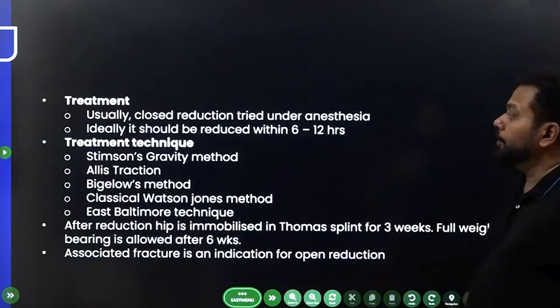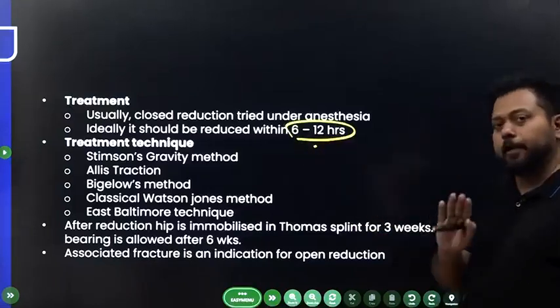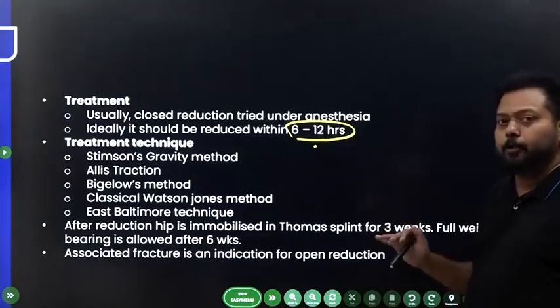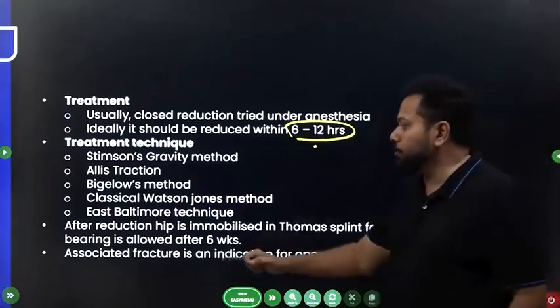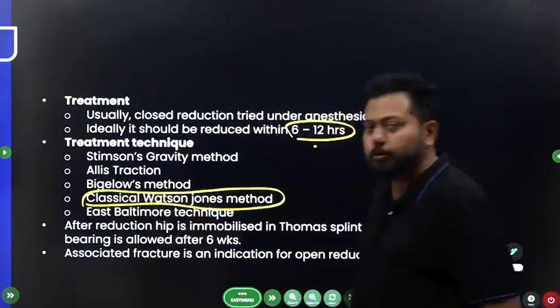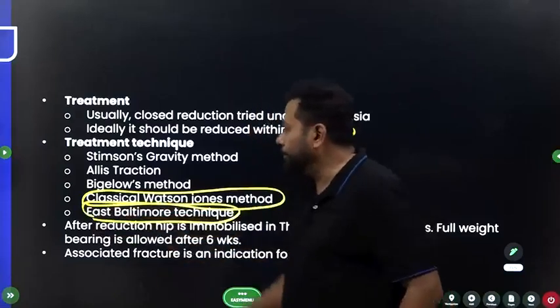Kindly go through it. Usually the treatment is closed reduction tried under anesthesia. Ideally it should be reduced within 6 to 12 hours. The reduction techniques are Stimson's gravity method, Allis traction method, Bigelow's method, the classical Watson-Jones method, which is very widely used, and the East Baltimore technique.